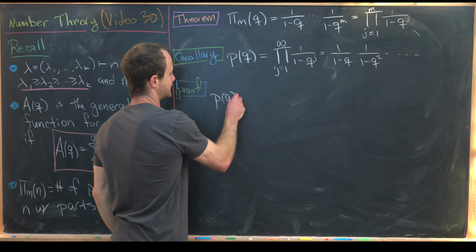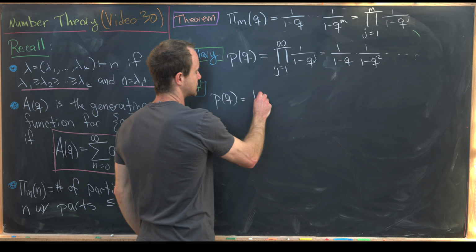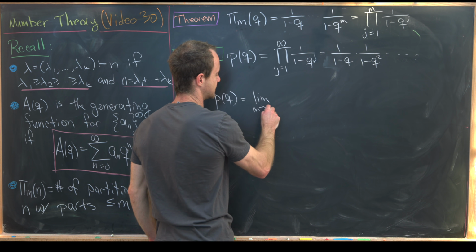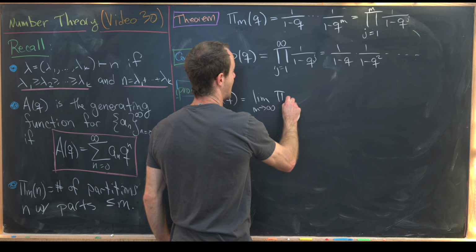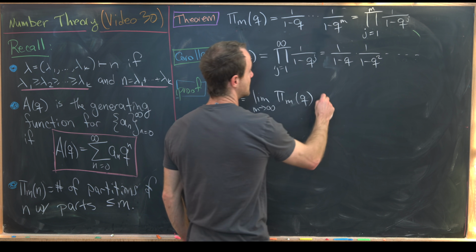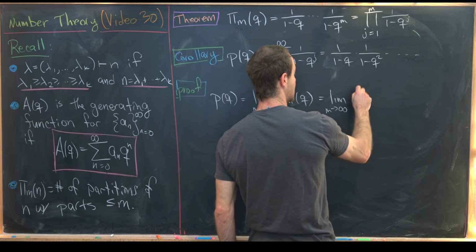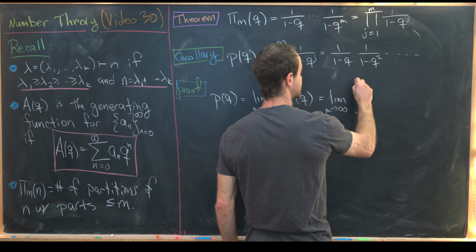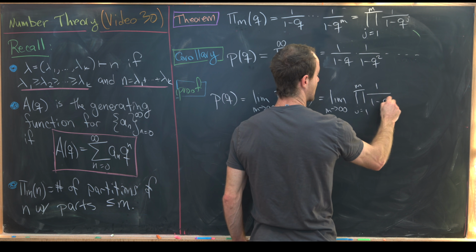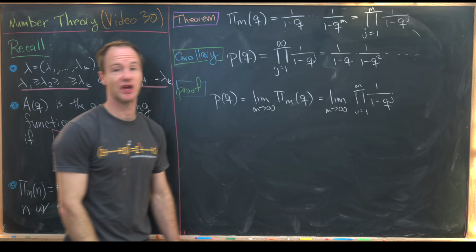So let's do that. So we have p of q is equal to the limit as m goes to infinity of pi_m q. But notice that's equal to the limit as m goes to infinity of this product as j goes from 1 to m of 1 over 1 minus q to the j.